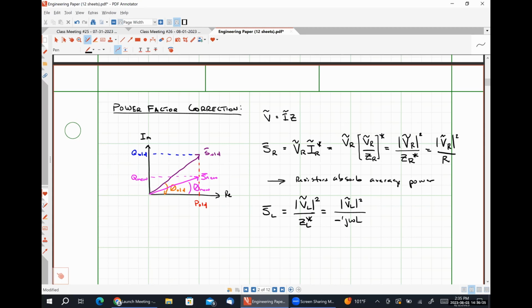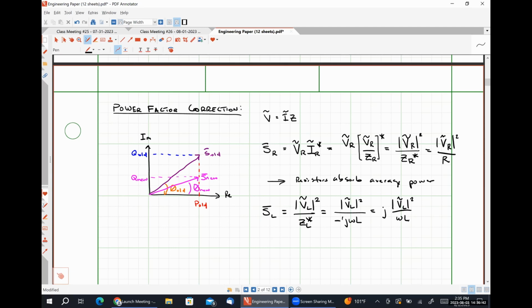J. Absolutely right. So this would be J times the magnitude of our voltage squared divided by omega L. What can I say about this relationship?